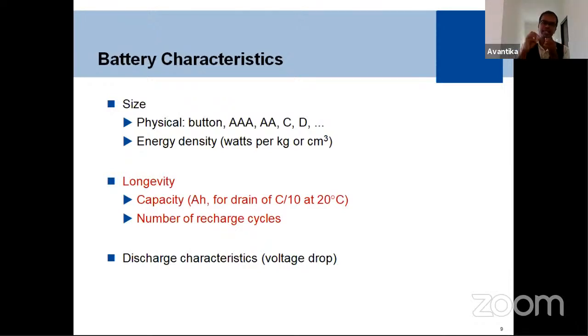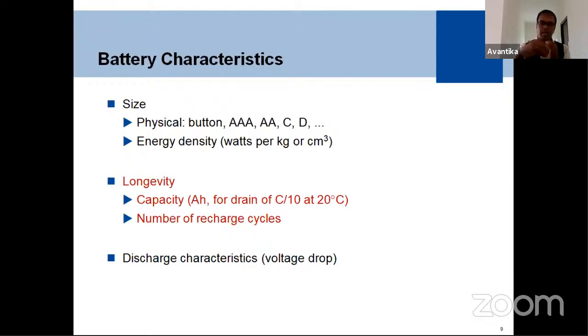Energy density should be high in that battery, because if the energy density is more, it means the performance of the battery will be high. So every scientist is focusing on how to improve the energy density of a particular battery. That is a really challenging task for scientists.